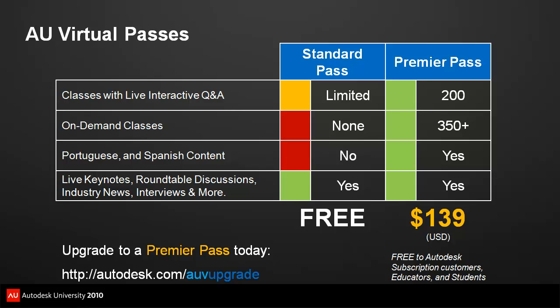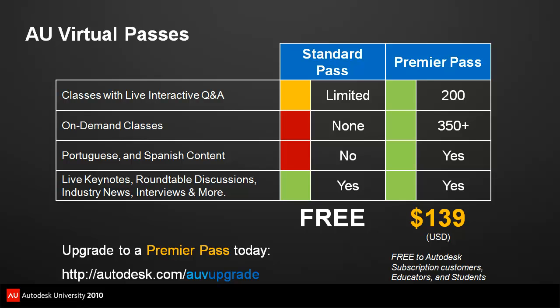So for less than $140 US, you'll get access to everything the Standard Pass has to offer, plus 200 classes featuring live interactive Q&A during the conference, and with many of the classes being taught on-site in Vegas being recorded, as an AU Virtual Premier Pass holder, you'll also get access to another 350 plus classes through Autodesk University Online.